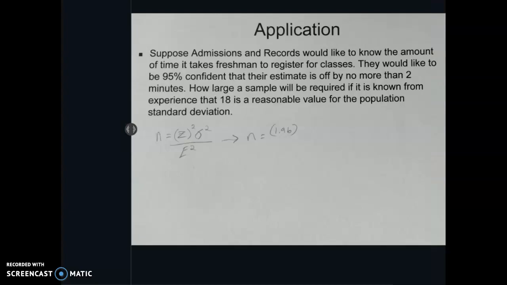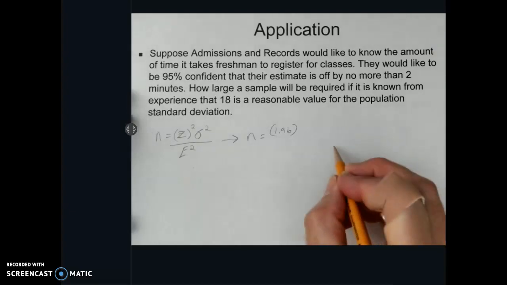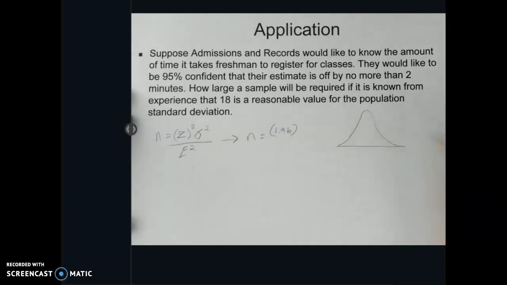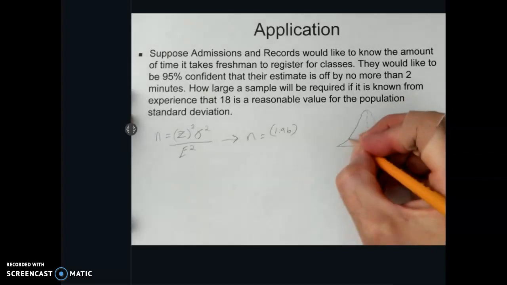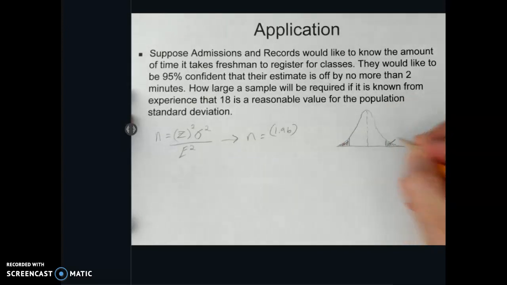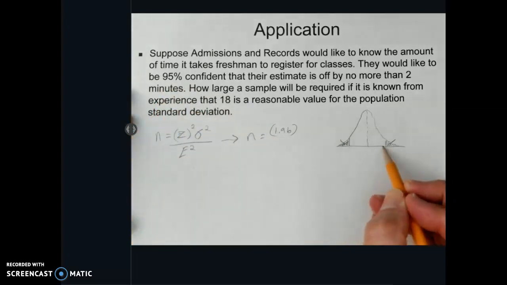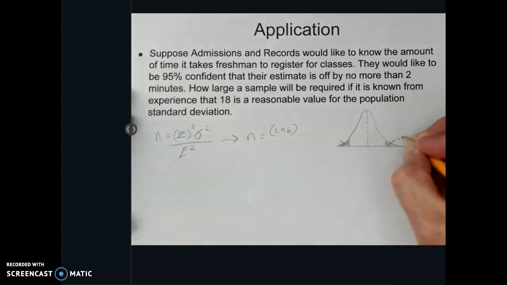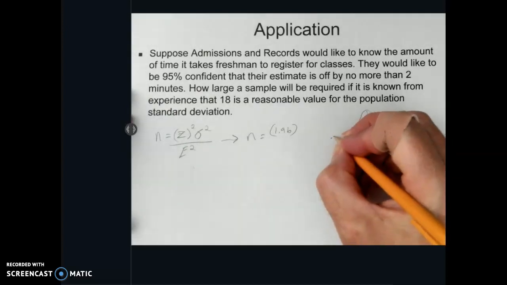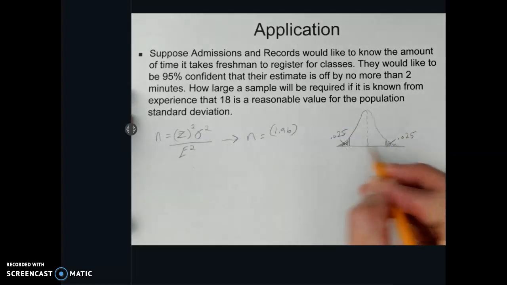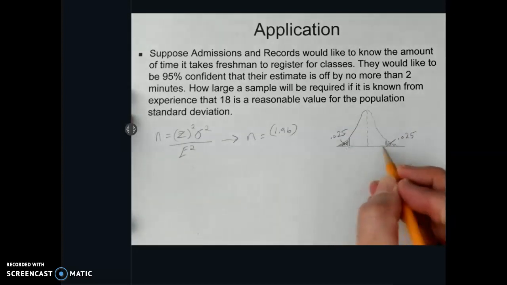And you're using 0.975 because remember, in our illustration, what we're trying to do is leave a total of the alpha in the tails. Well, here, if we want a 95% confidence interval, then we need 0.025 here and 0.025 here. The sum of these two equal 5%, and that means the remainder between these two is 95%.